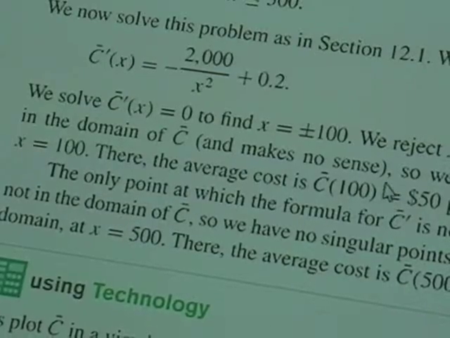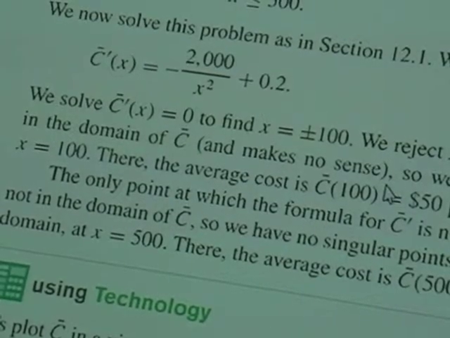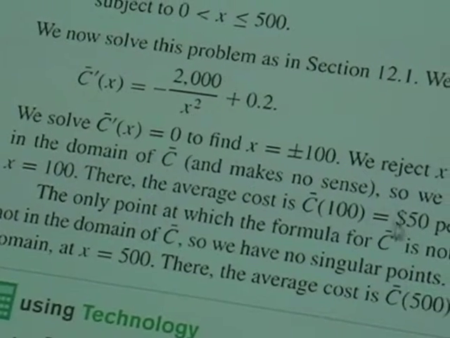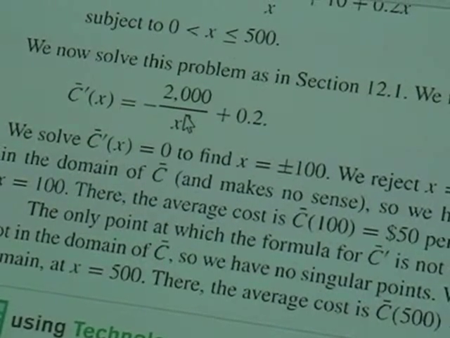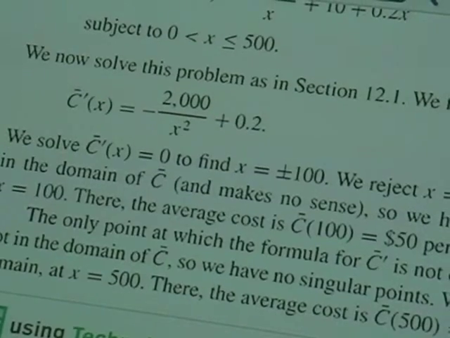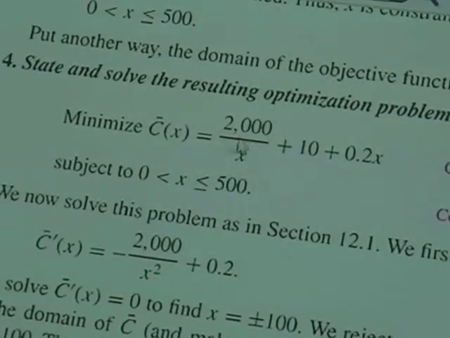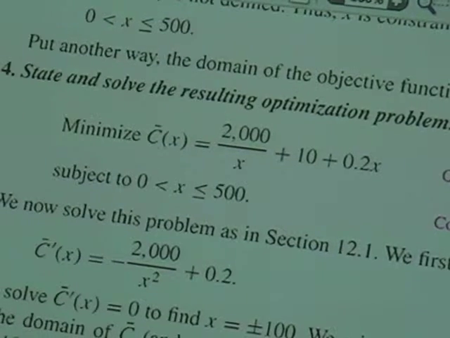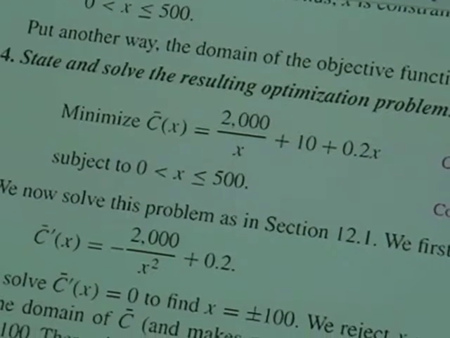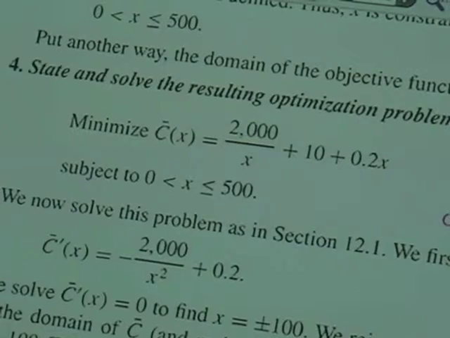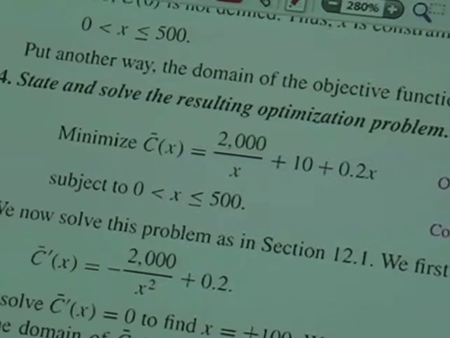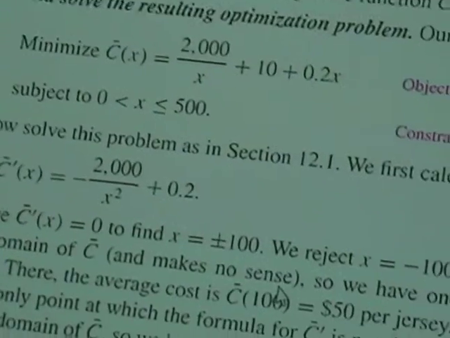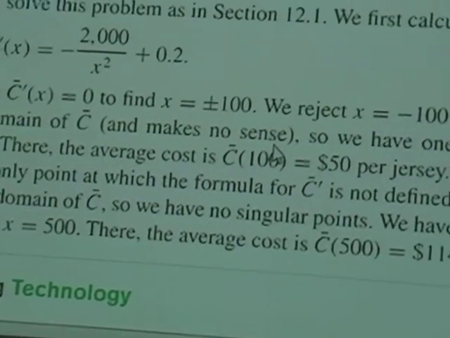The average cost of making 100 jerseys, and that turns out to be $50. So the average cost of making 100 is 50. So it's flat there. Now, I don't know if that's a minimum or a maximum.